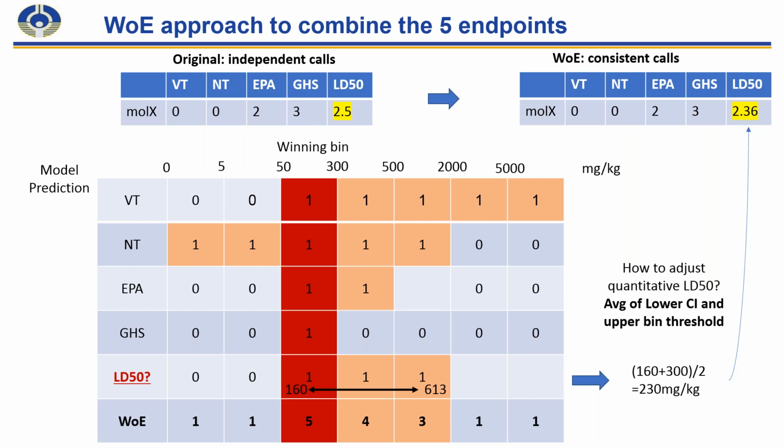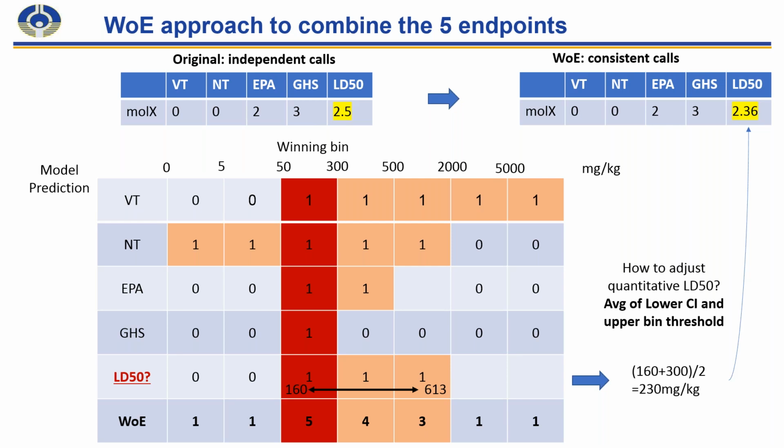So here that would give you an LD50 of 230 mg per kg. And so creating a consistent call that is consistent with all of the other models leads you to a log LD50 of 2.36. So hopefully that's pretty clear to everybody, and if not, we can answer some detailed questions at the end.